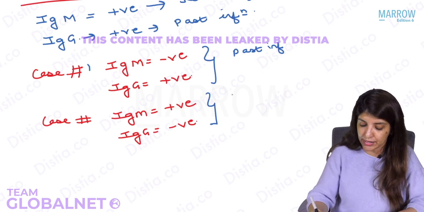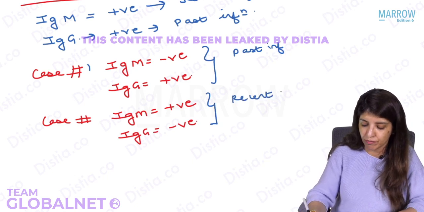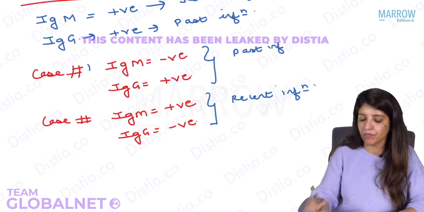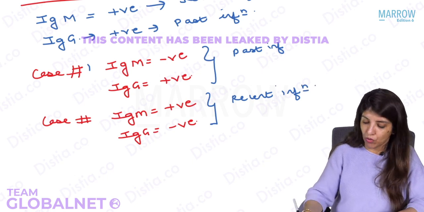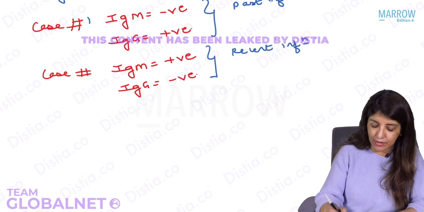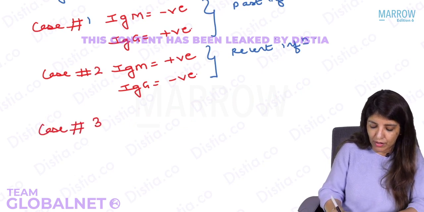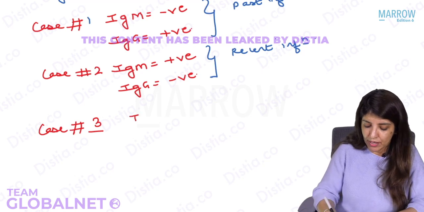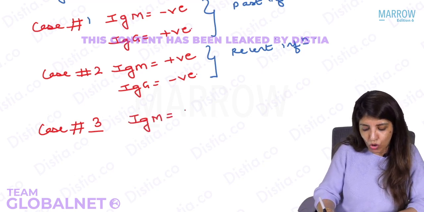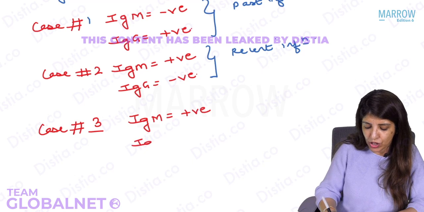That means it is a recent infection. Now, there can be a third case as well, where IgM is also positive and IgG is also positive.